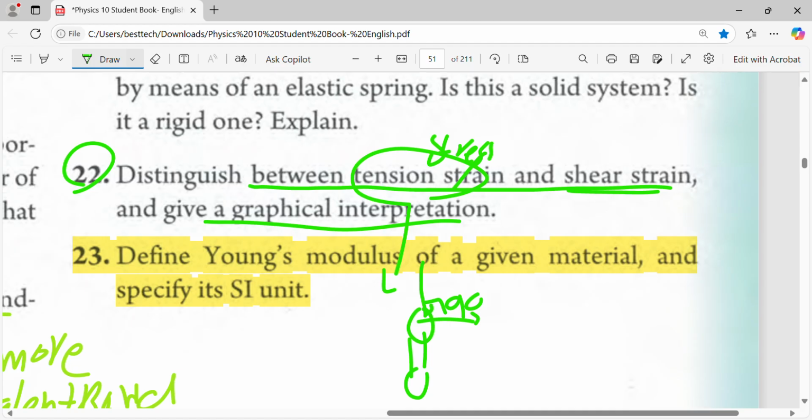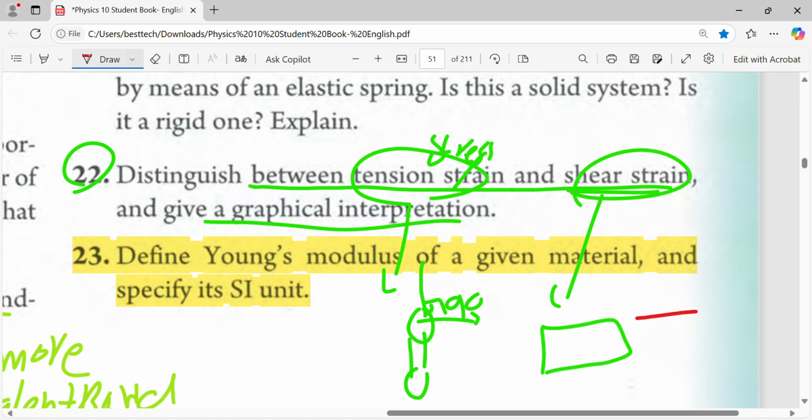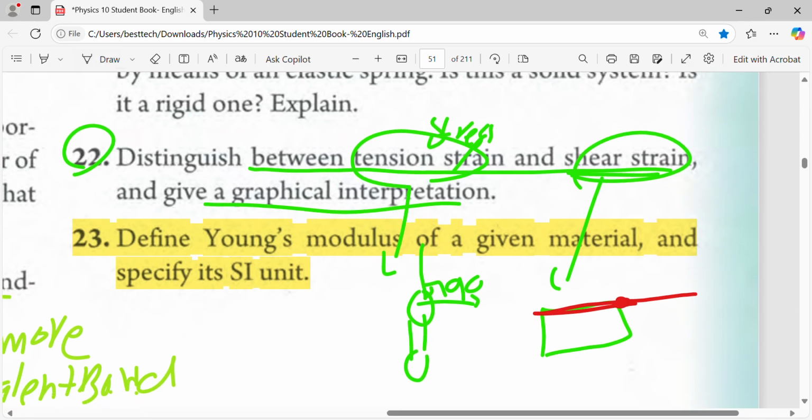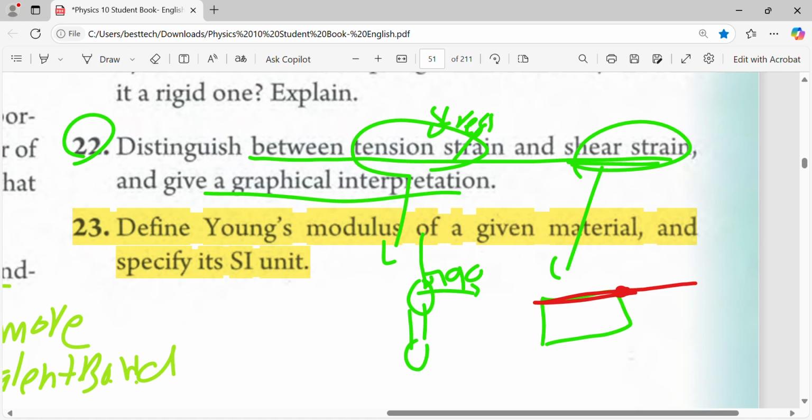But for shear stress, as we studied, you have an object and the force comes to intersect the surface of the object at a point. This is called shear stress. This is the difference between them: tension stress is perpendicular at 90 degrees, but shear stress intersects the surface of the object and is tangent.